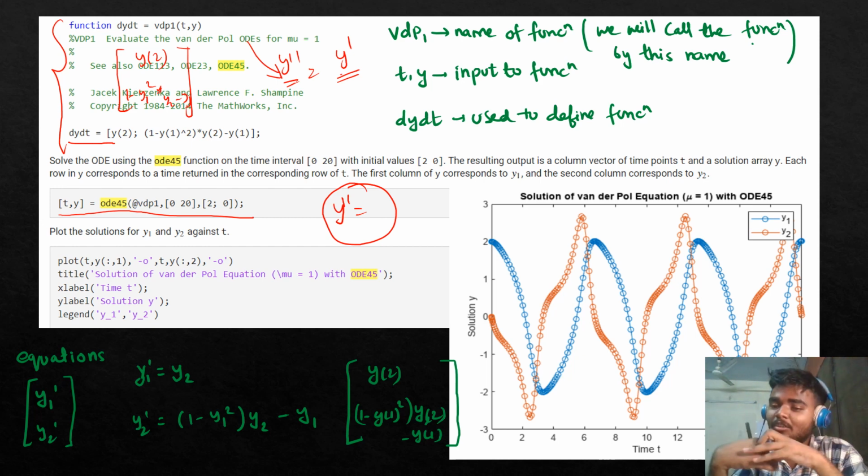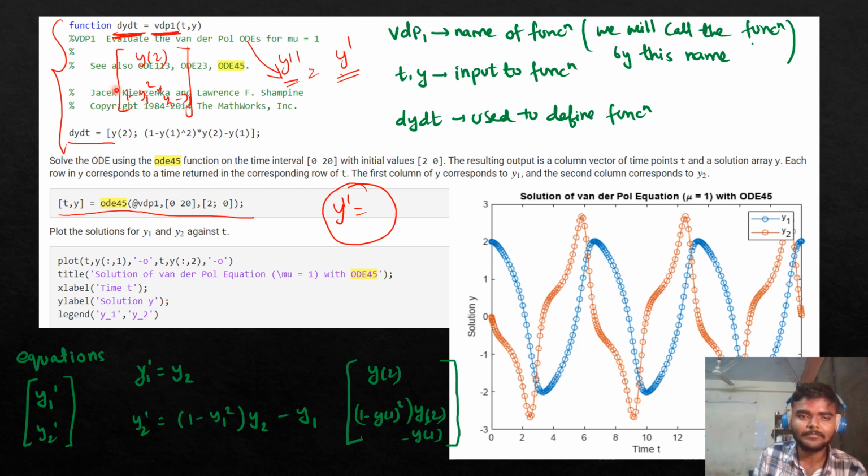Whenever I call this function, it will give that column vector. So inside the function we have defined a column vector named dy by dt. This name will be used to define, and then this name will be used to call. Okay.